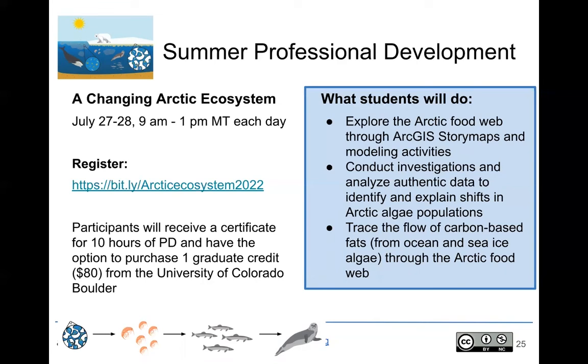They develop initial models, gather evidence through a series of different investigations that include our GIS story maps, some photosynthesis investigations, and some case studies, and construct final models to explain how that decline in sea ice might affect Arctic organisms, large and small. This one I'm running at the end of July. Again, 10 hours of PD, with the option to purchase a grad credit for those that participate.